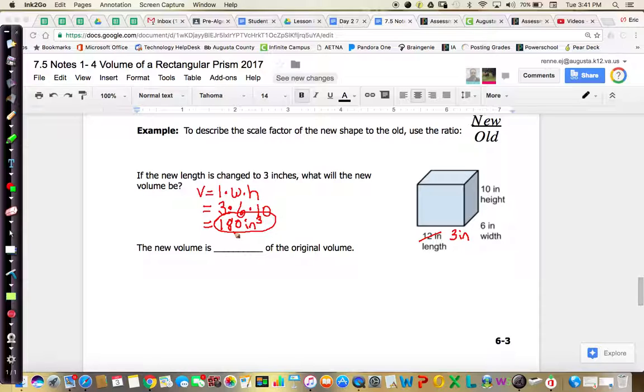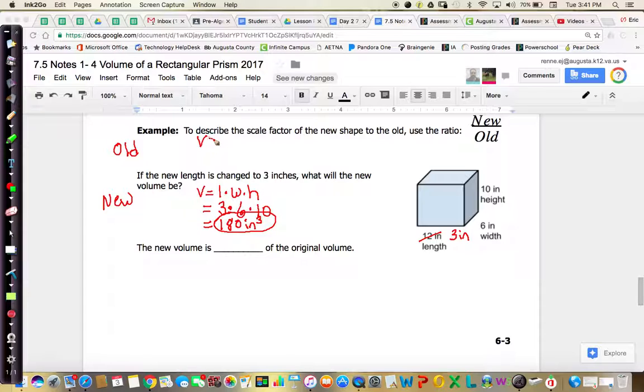Now, there's two ways that we can compare the new volume to the original volume or the old volume. Okay, we can use the two volumes. So we can do the new volume over the old volume. So up here, this is the new, and then this is going to be the old volume.